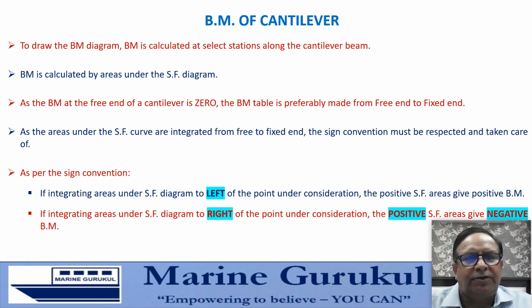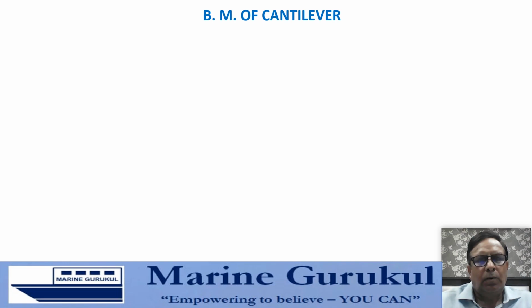So please pay attention to the sign convention, otherwise you could be making a mistake. Now we shall learn how to draw the BM diagram of the cantilever. We shall be calculating the BM at select stations by integrating areas under the SF diagram.